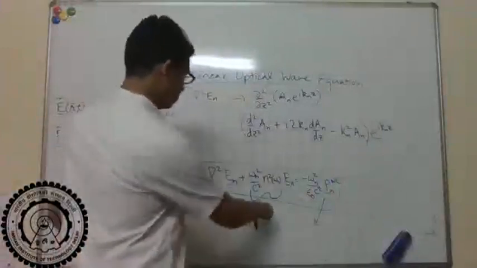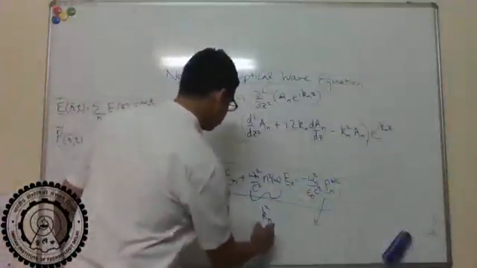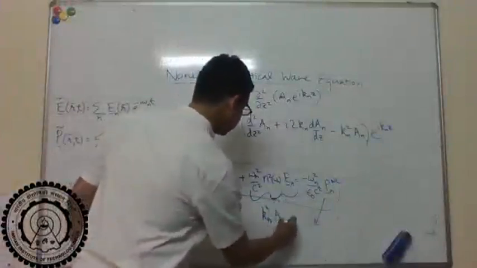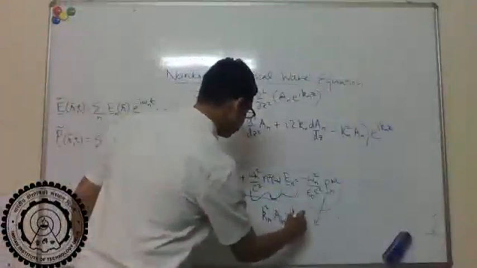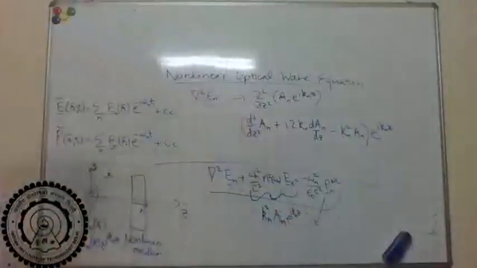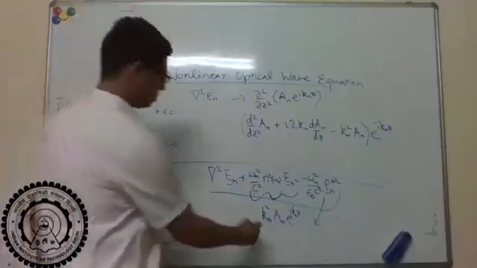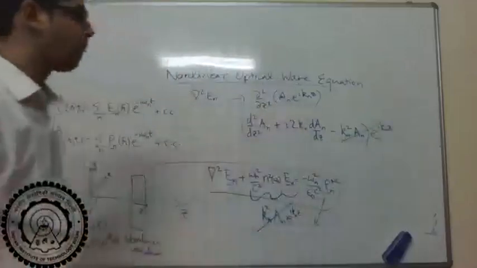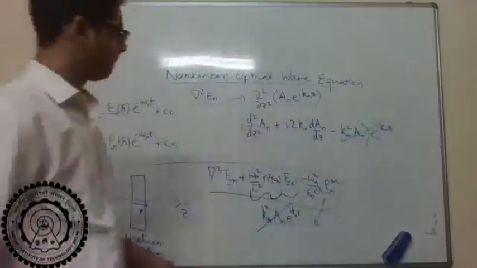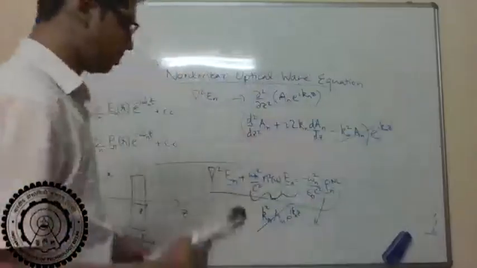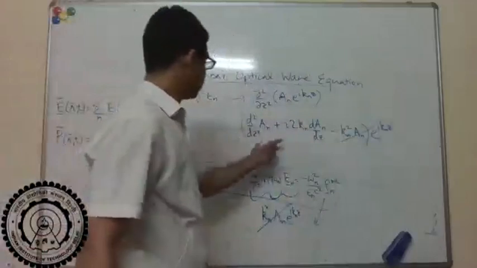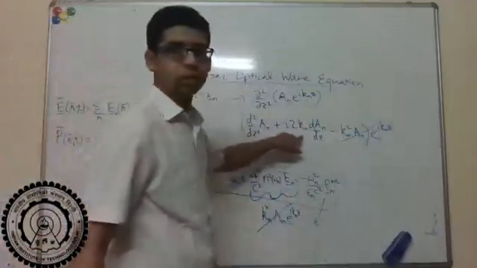The second term, this whole term, is kn squared times An e to the i kn z. So you can see this term cancels out this term. Okay. And on the right hand side, let's keep this. On the left hand side, we are now left with these two terms.